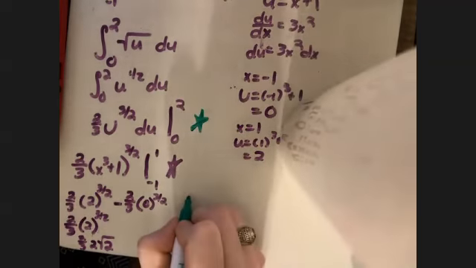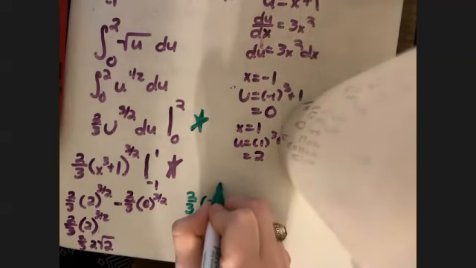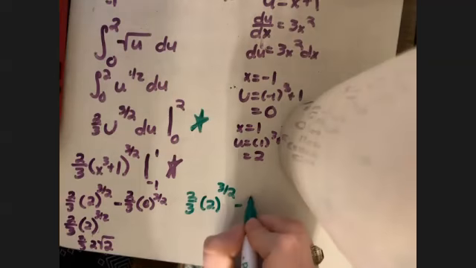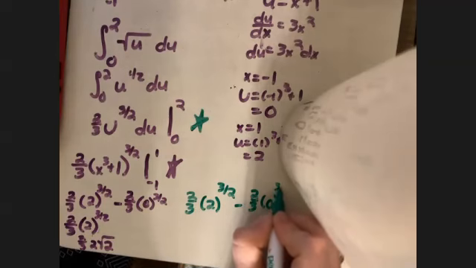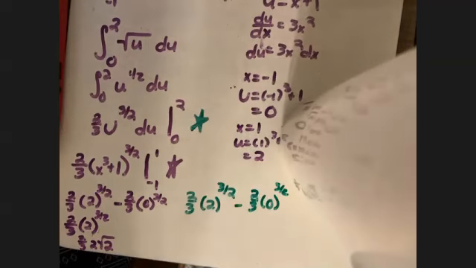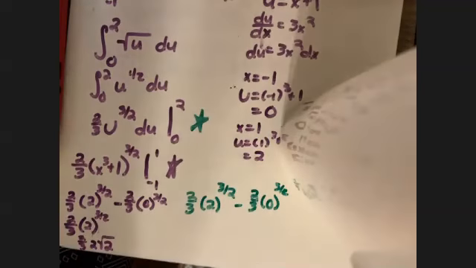Now, I have another color here. Looking at it from here, this would have been 2/3 2 to the 3 halves minus 2/3 0 to the 3 halves. Notice, guys, this is the exact same line.